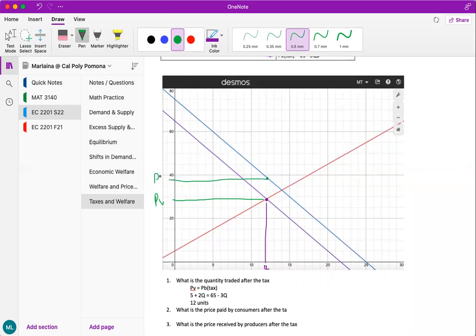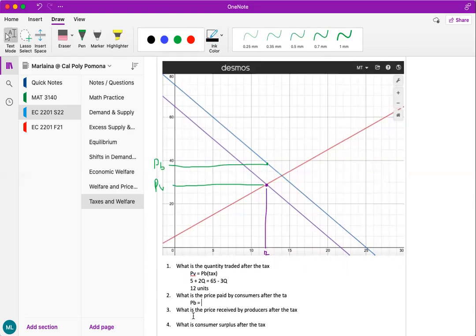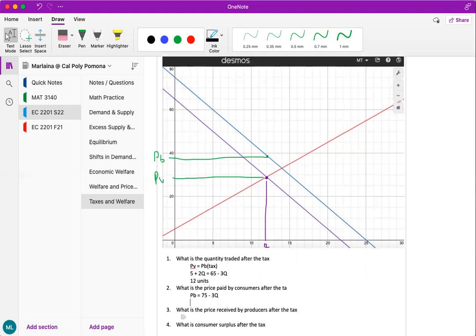It's just that some is being taken away as tax. So we take our original demand curve, which was 75 minus 3Q. We know now that Q is 12 units, so this is 75 minus 3 times 12, and that's going to give us 39.